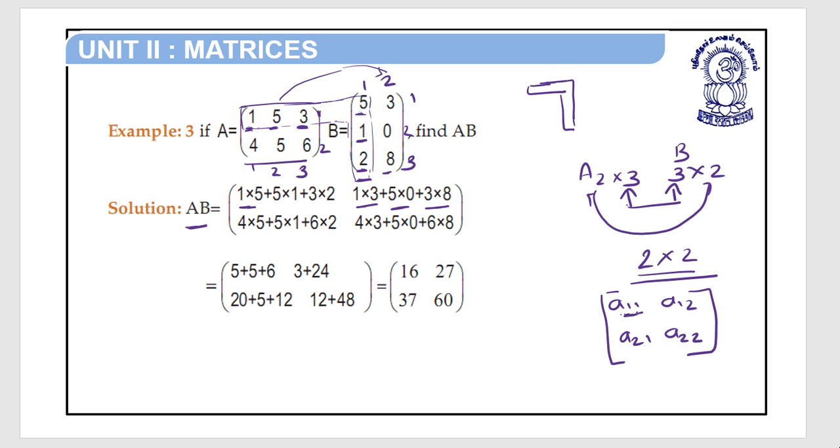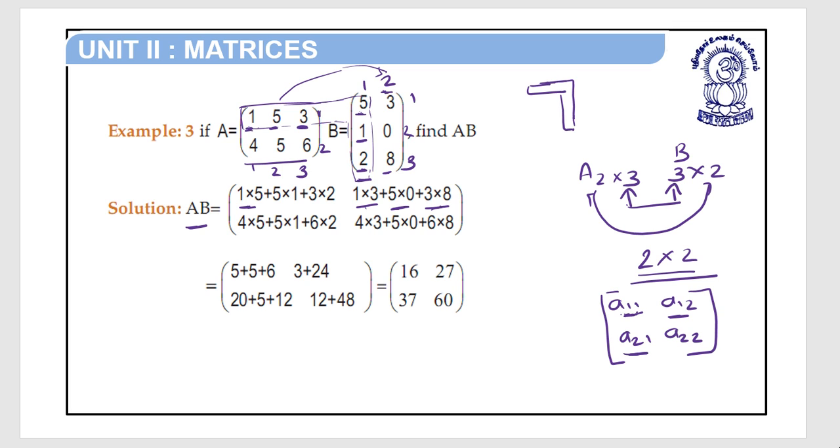So A11 multiplies the 1 row and 1 column. For A12, the row is the same, the column changes. Column is 2. So 1 into 3 plus 5 into 0 plus 3 into 8.